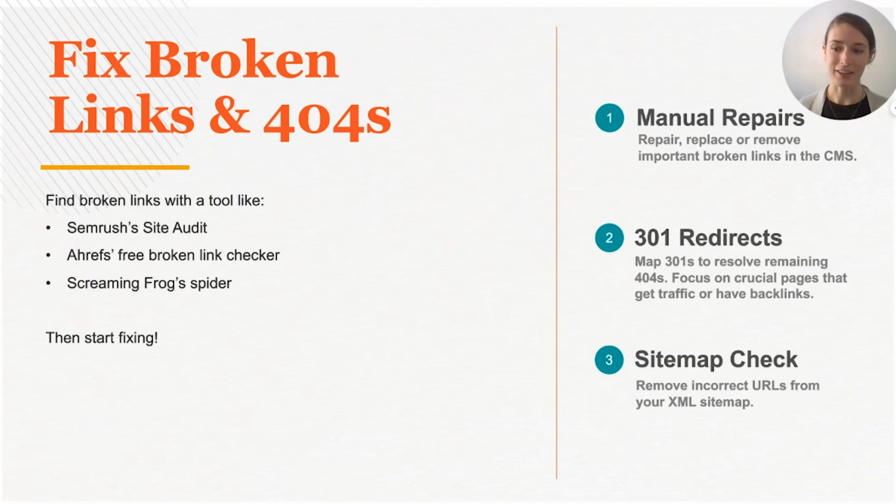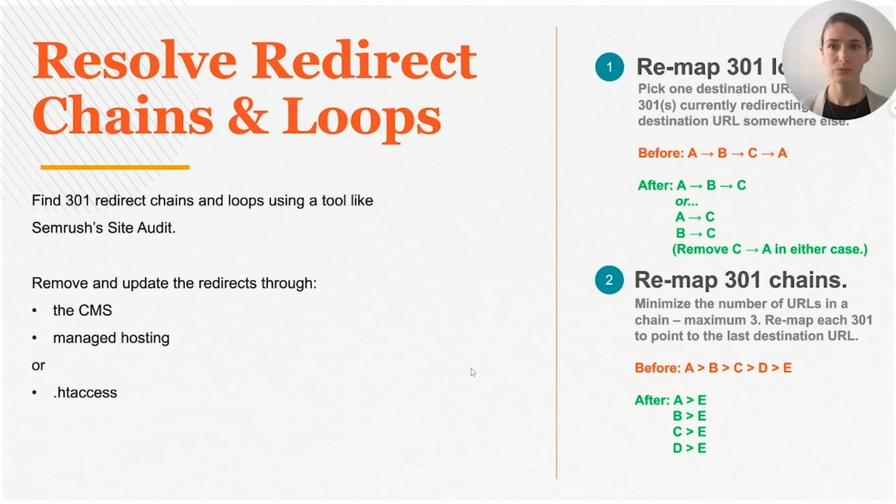Okay, let's get into the next bit, which is about fixing redirect chains and loops. All right, so redirect chains and loops are common problems that occur with 301 redirects.